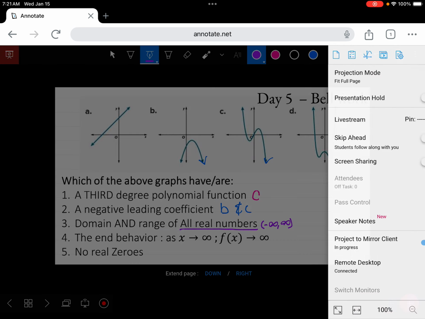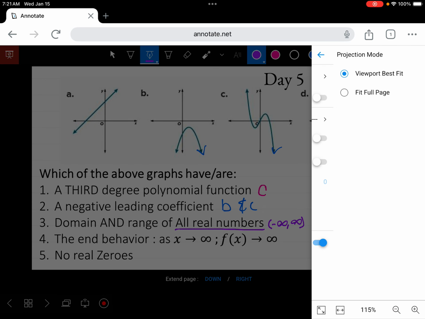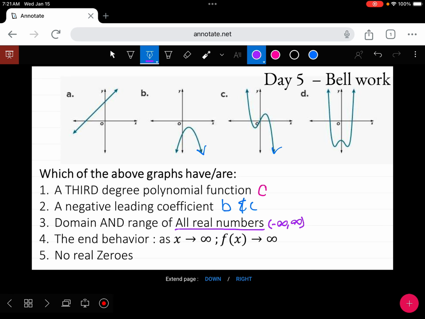So domain and range that look like that. A and C. This is where we're going to have both A and C. Because it goes all real numbers for the domain, left and right. All of them have a domain of all real numbers. It's that range that really tells us. It goes from negative infinity to positive infinity. All the way up, all the way down.